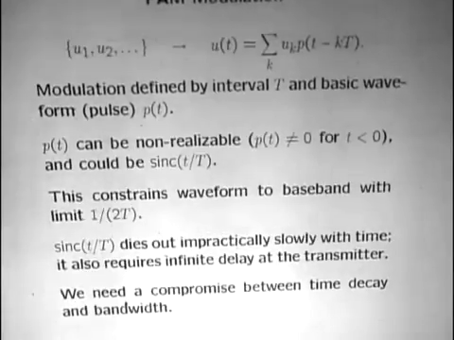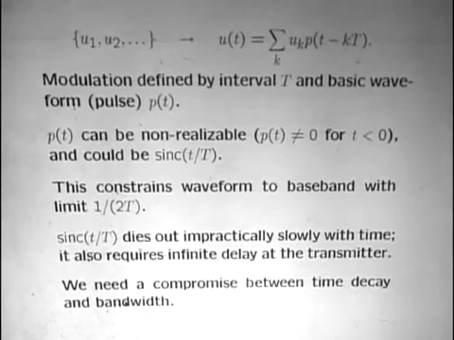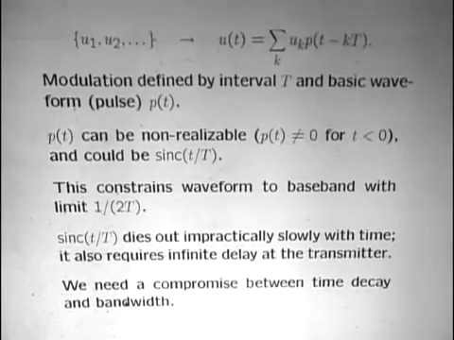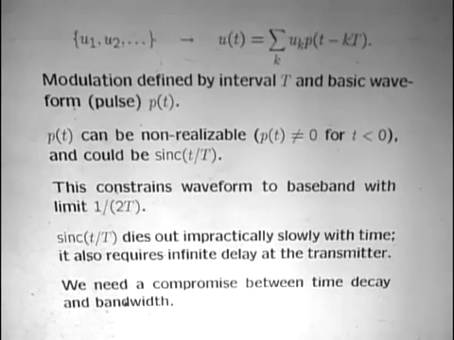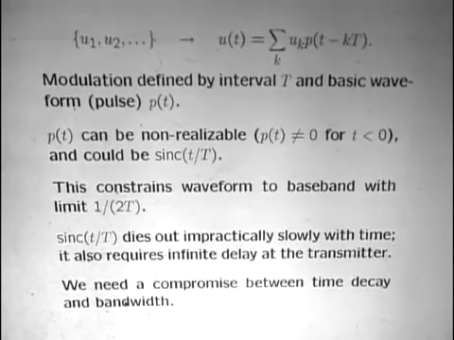But for now, P of t is just some arbitrary waveform, and we will try to figure out how to choose this waveform in such a way as to replace the sinc waveform with something which is better in terms of delay and almost as good in all other ways.